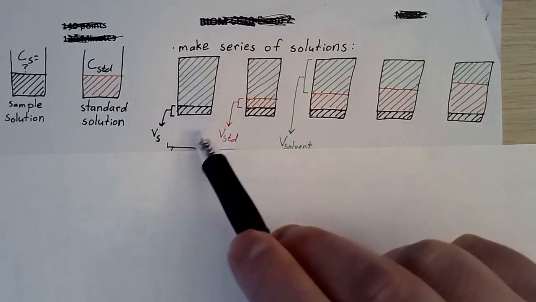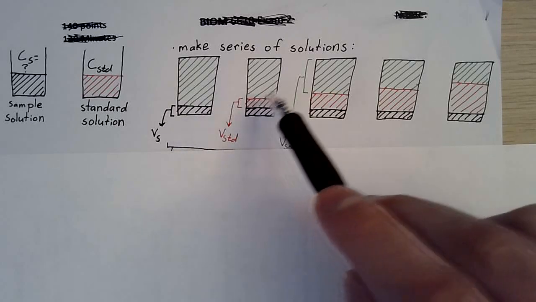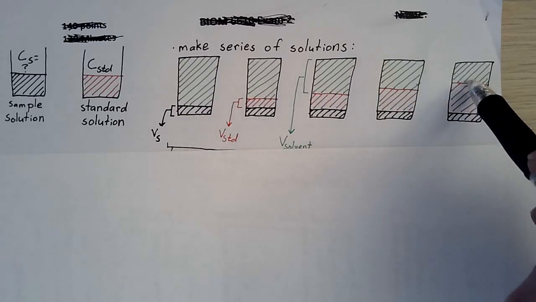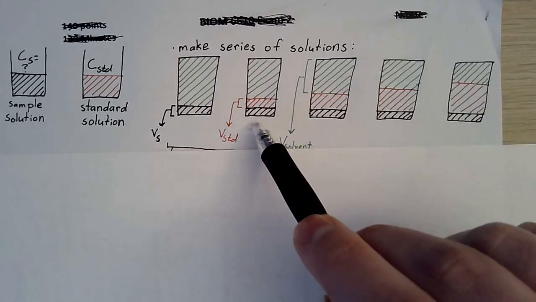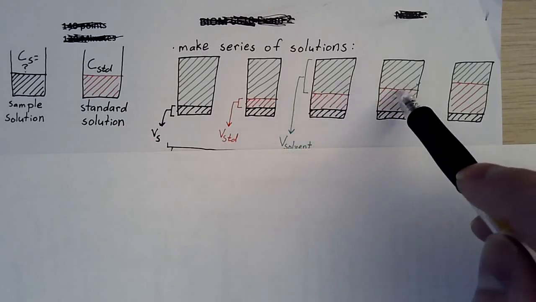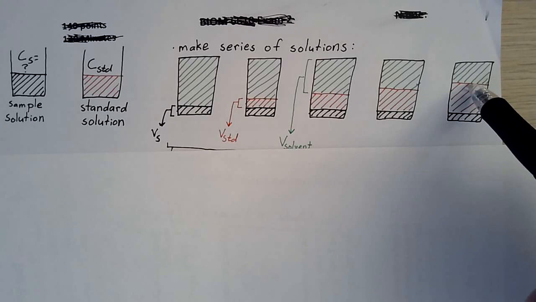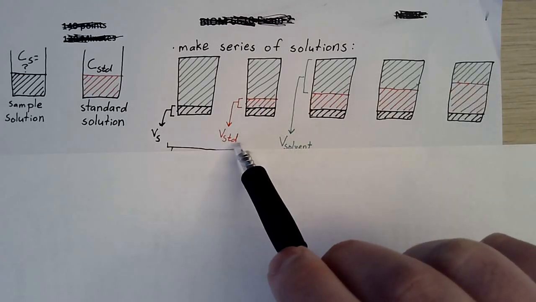We add 0 of the standard solution to this one, but we add some to the rest of them. And importantly, we have to make sure that we note exactly how much of that volume we add to each one. And you can see we add increasing amounts as we go to the right. And so we note that in red as the volume of the standard solution that we've added to each one.